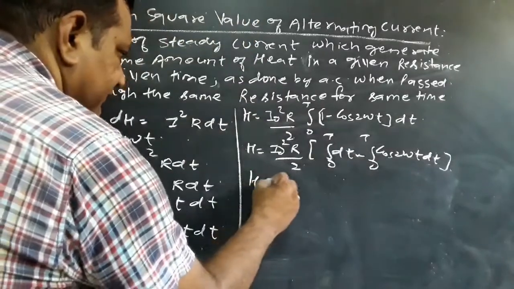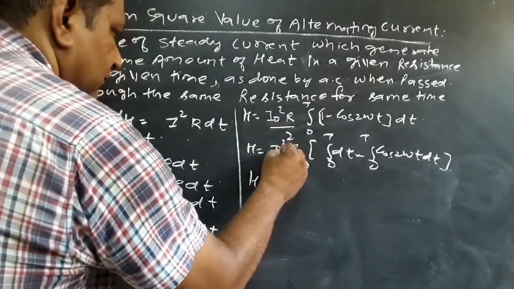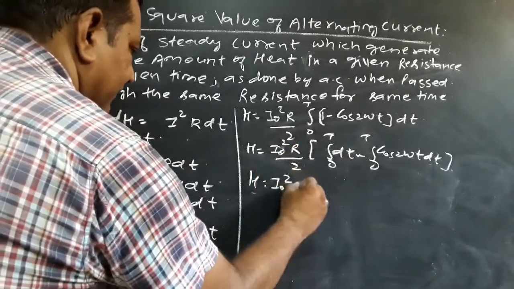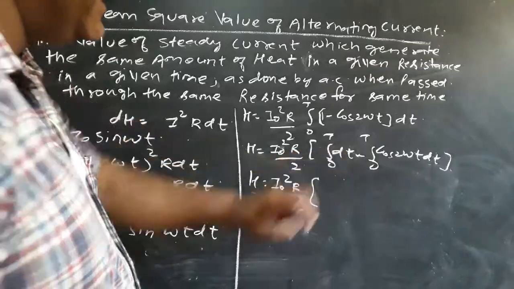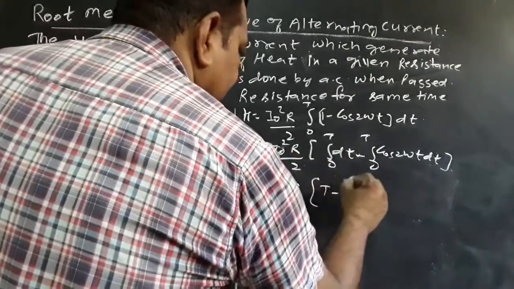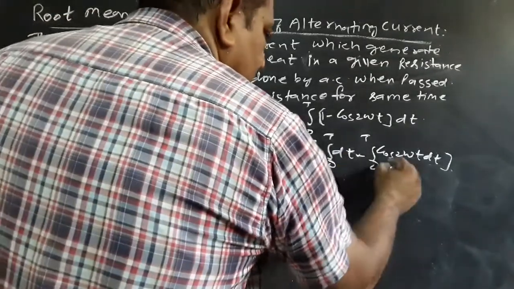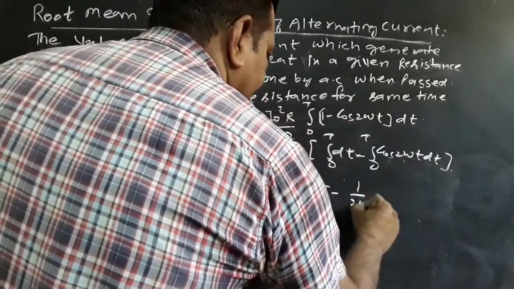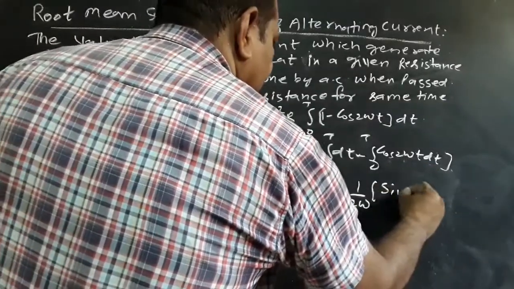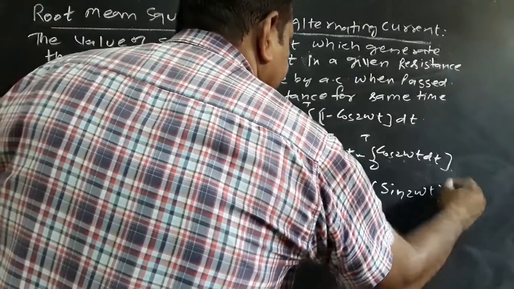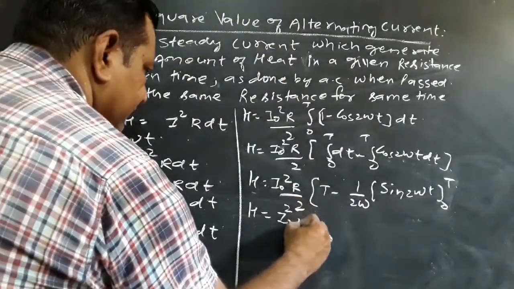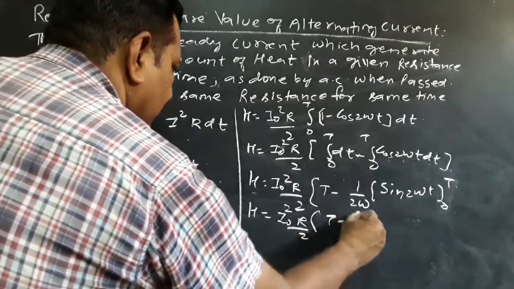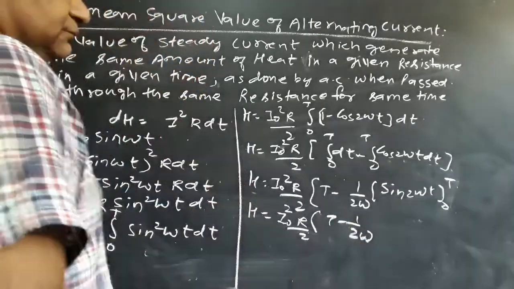Now we can write here I naught square R by 2, integration of 0 to T dt is T, minus cos 2 omega t gives 1 by 2 omega sin 2 omega t, 0 to T. H is I naught square R by 2, 1 by 2 omega.